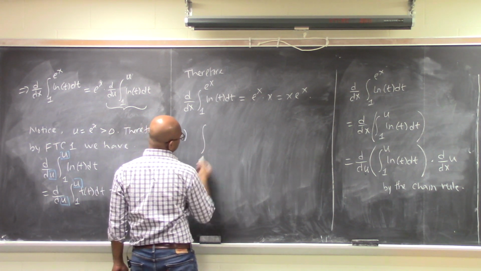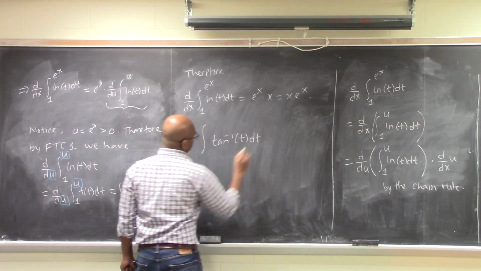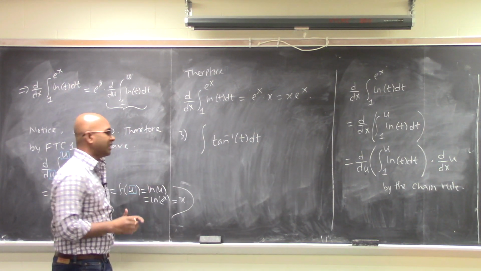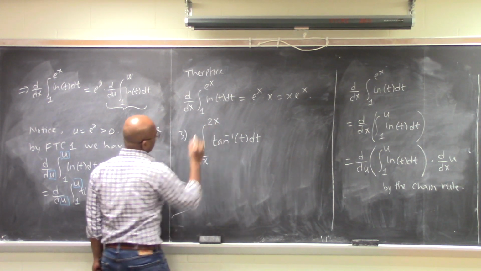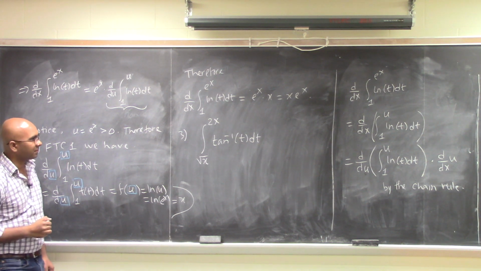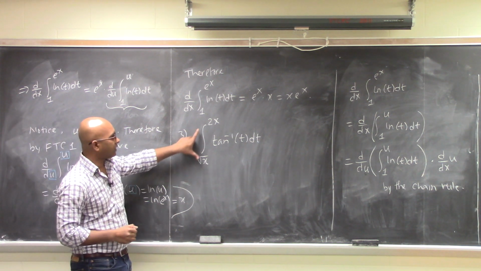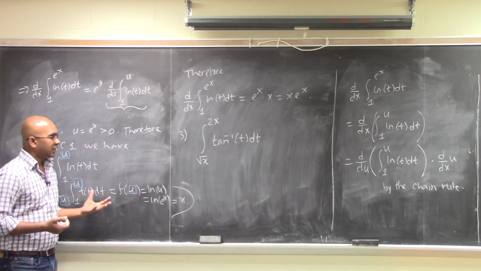Find the derivative of this function. This is the integration of tan inverse, going from square root of x up to 2x. So that's my function. Notice several things here.